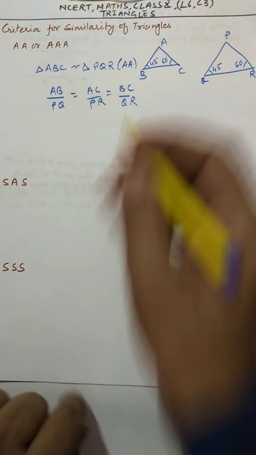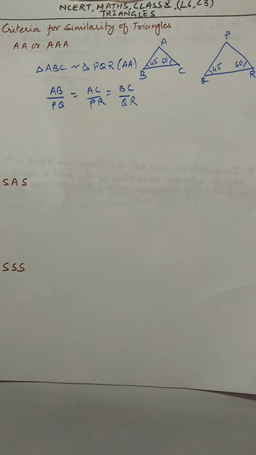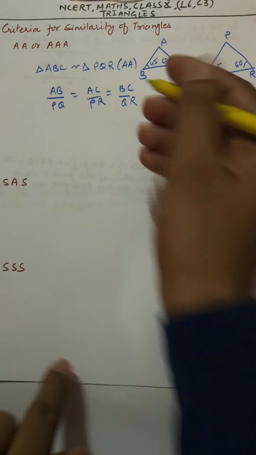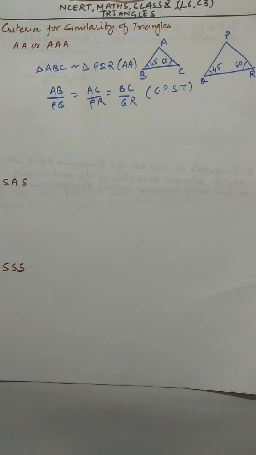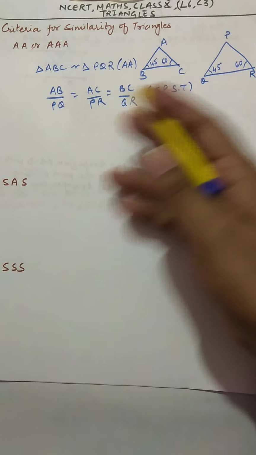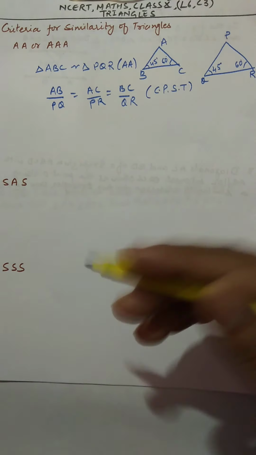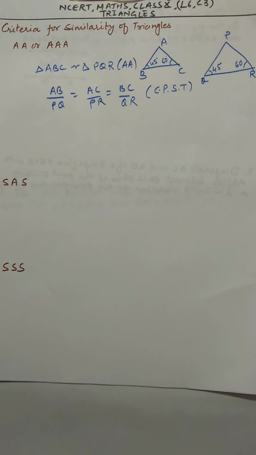Here you will say corresponding parts of similar triangles, CPST: corresponding parts of similar triangles are in equal proportion. Basically, if they are the sides, they are proportional, and if they are the angles, we say they are equal.